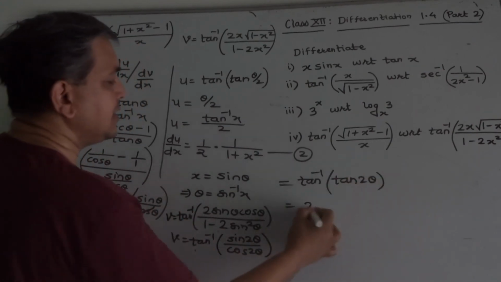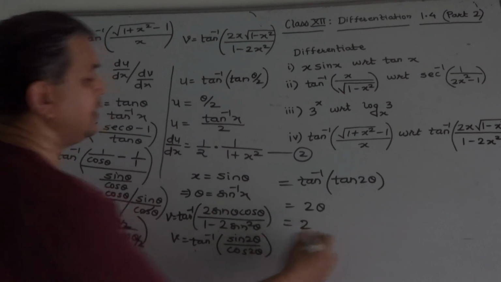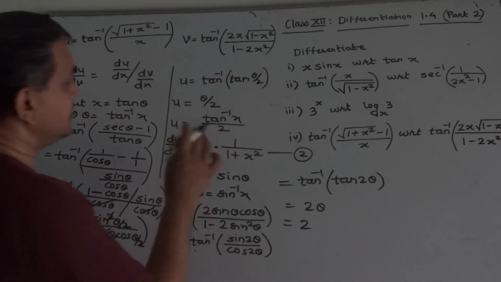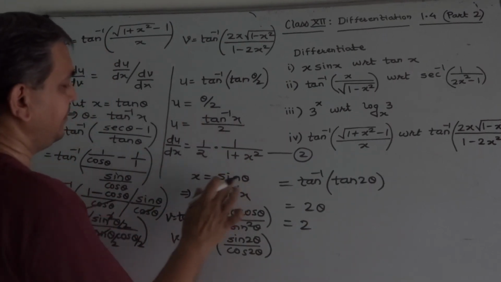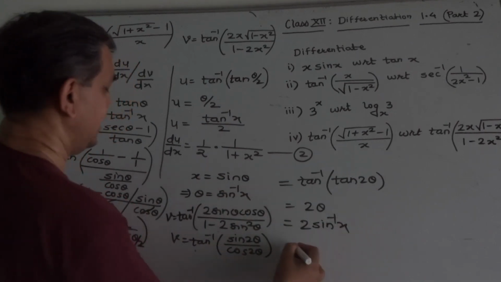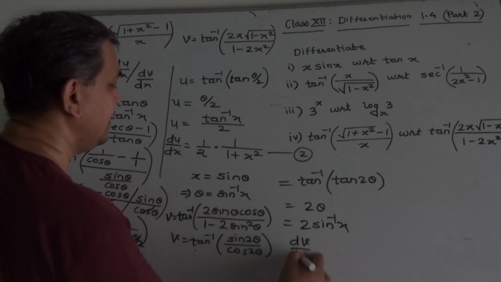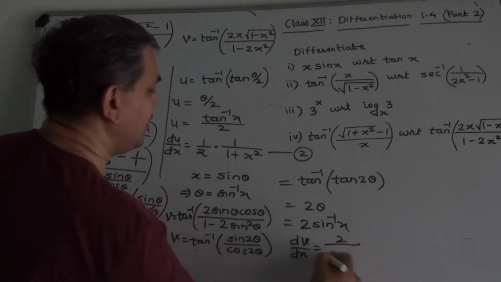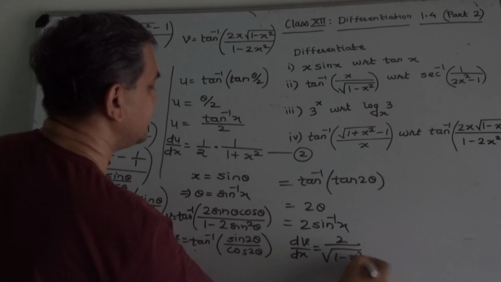Tan inverse tan gets cancelled, we get 2 theta, that is equal to 2 times, what is theta over here? Sine inverse x, and so dv by dx can be written as 2 upon under root 1 minus x square.